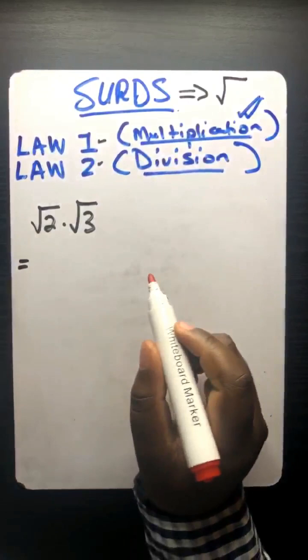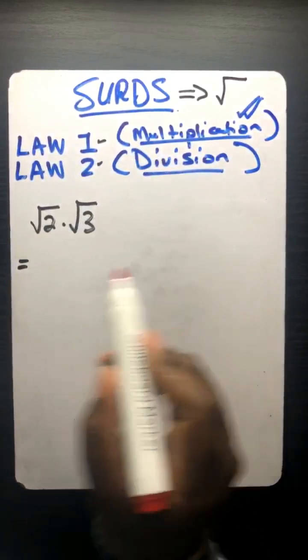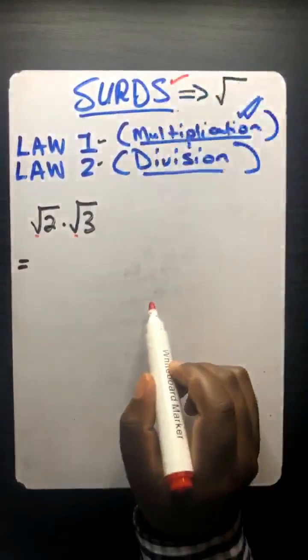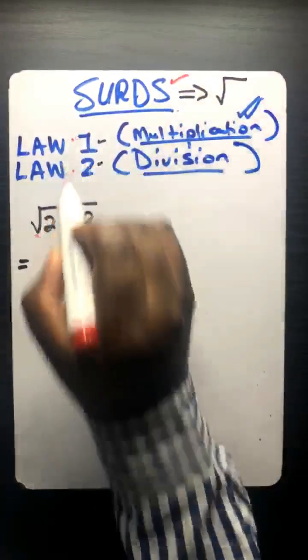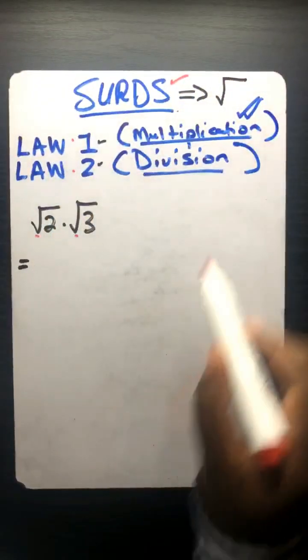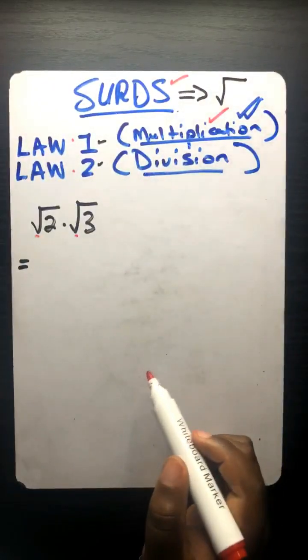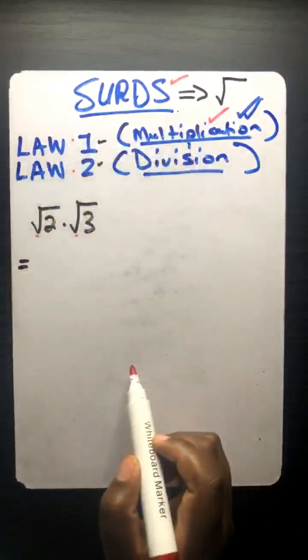Okay, here comes a question. I notice I've got a square root, meaning I'm dealing with surds. Which law am I going to apply between law 1 and law 2? It seems like this is the relevant law to be applied. Now that I'm going to use law number 1, here comes the question: are the tails the same?